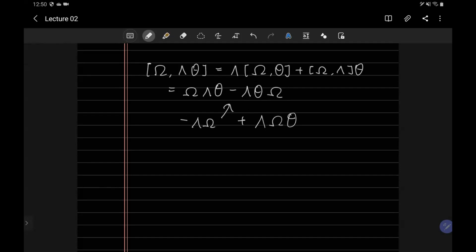By doing this, these terms can be combined together, and these two terms can be combined together.